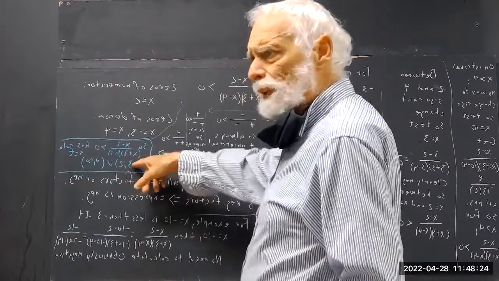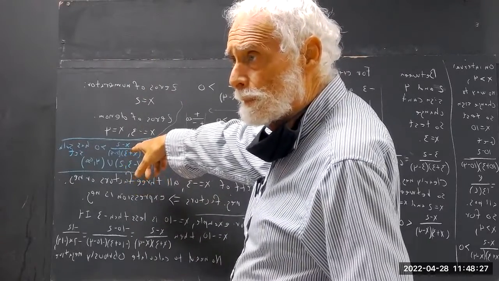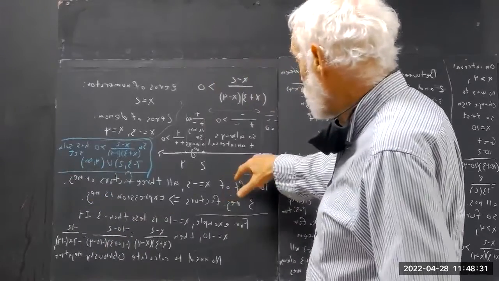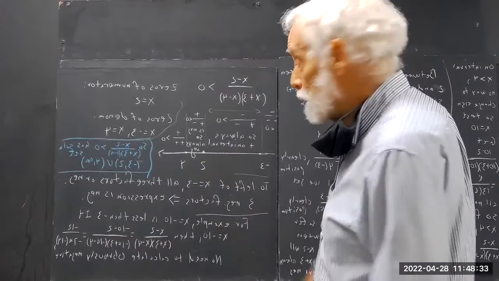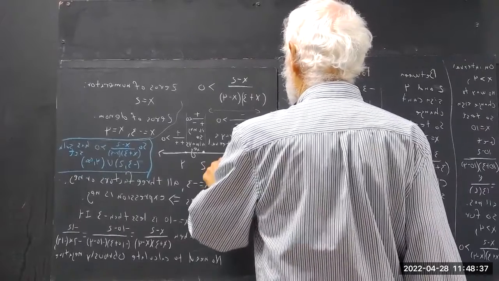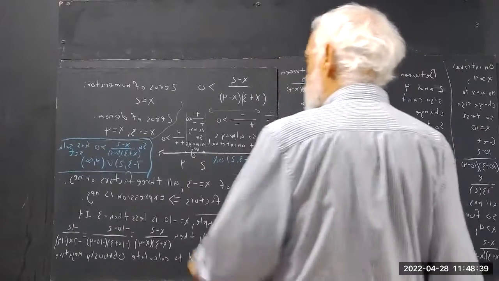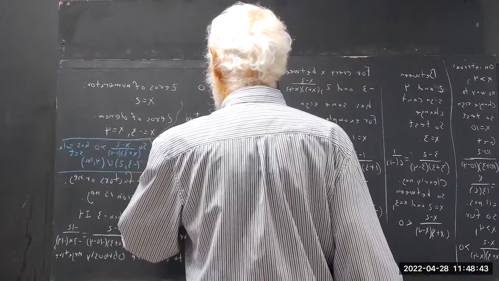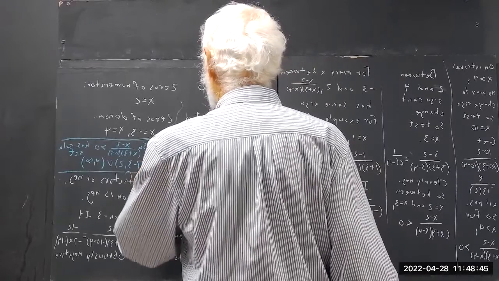Is that notation familiar? Well, that's exactly what it says. There's the interval -3, 2. So this interval is good. And this interval 4 to infinity is okay.